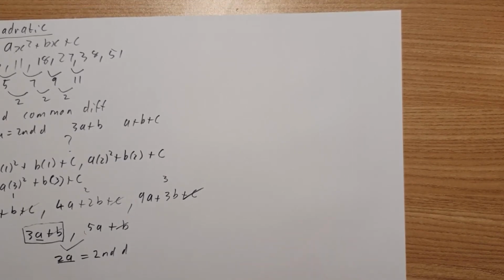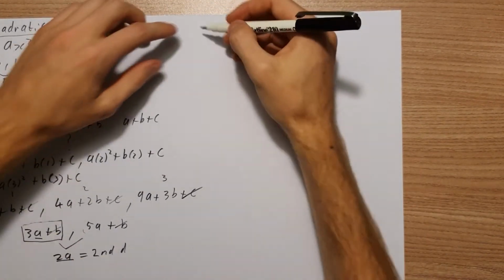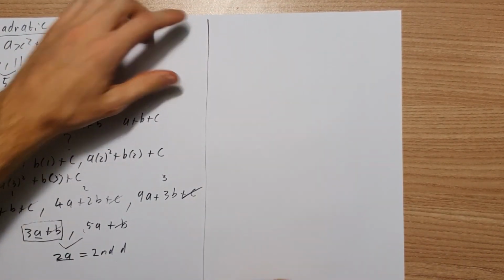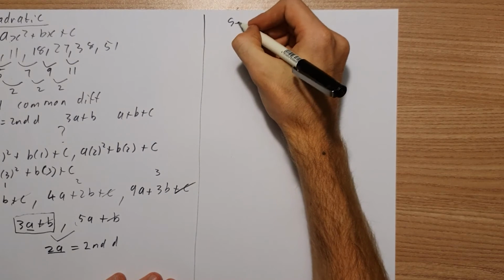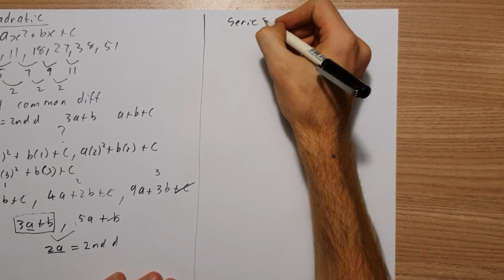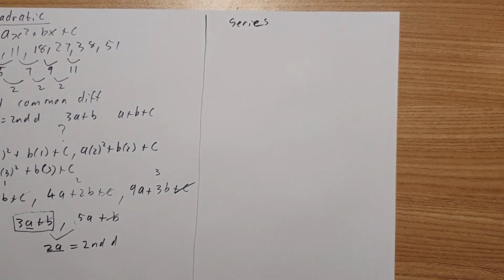Now the sum of your quadratic form is a little bit more complicated. So the series, you guys don't need to know how to get to it and how to come about it.